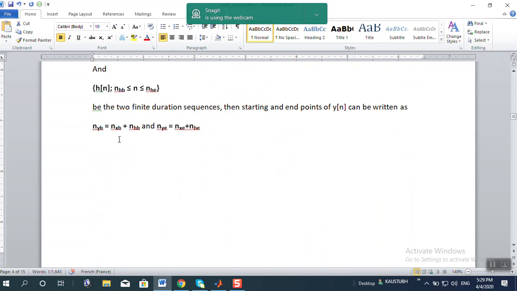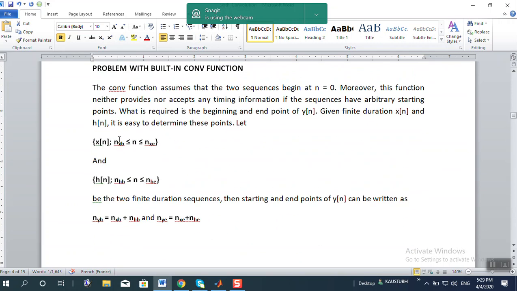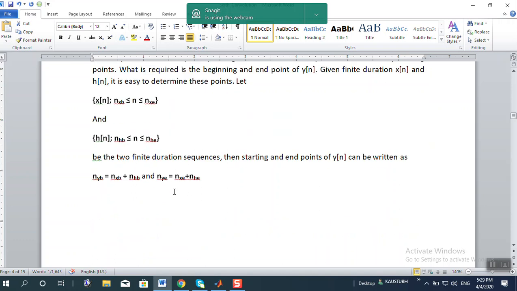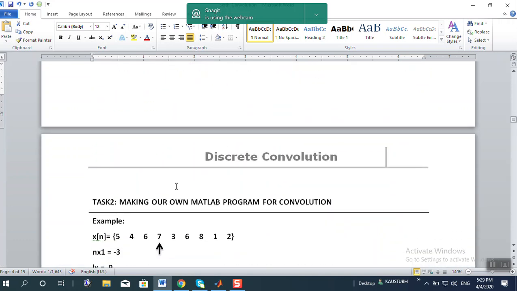So that is why we don't suggest using conv directly when doing convolution explicitly. But in some situations where we don't require the timing information, and only the convolved sum is required, of course you can use this. But where the convolved signal should be precisely associated with the time information, we should not use the conv function.